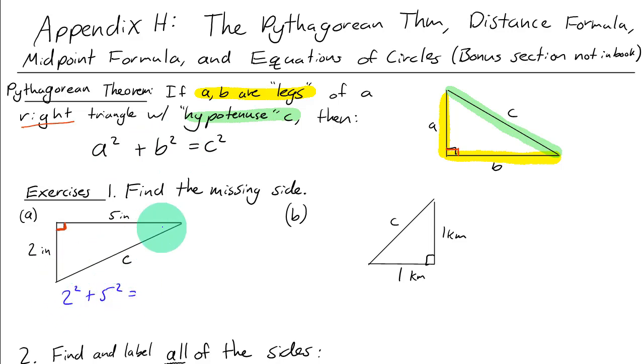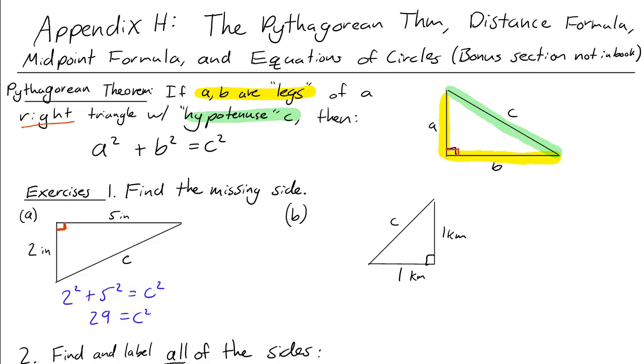That should be equal to the hypotenuse squared, the side opposite the right angle. So 2 squared plus 5 squared is equal to c squared. 2 squared is 4, 5 squared is 25. So this comes out to be 29 equals c squared.